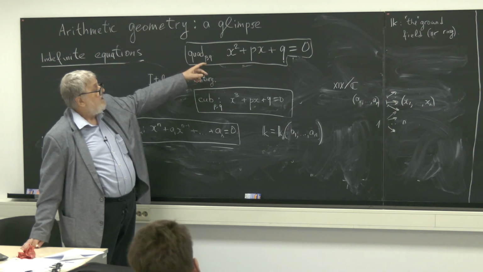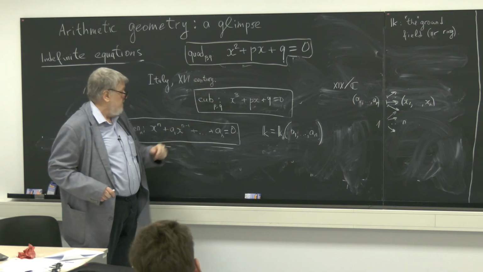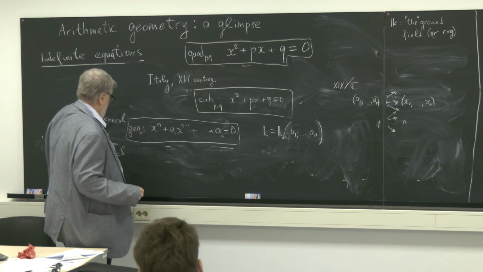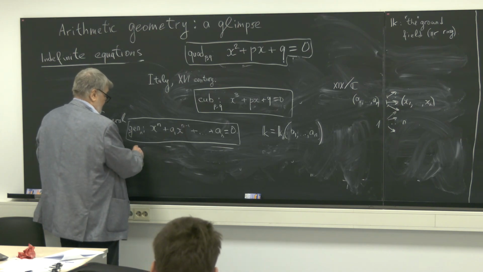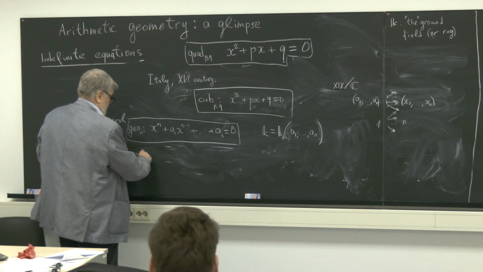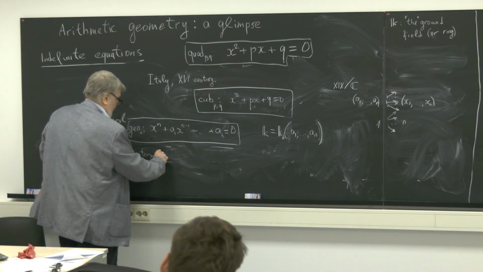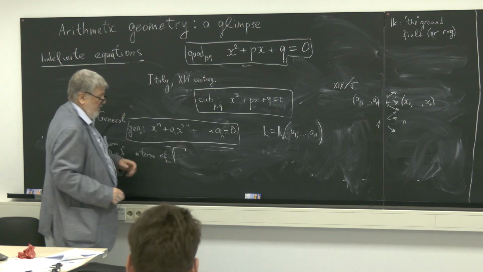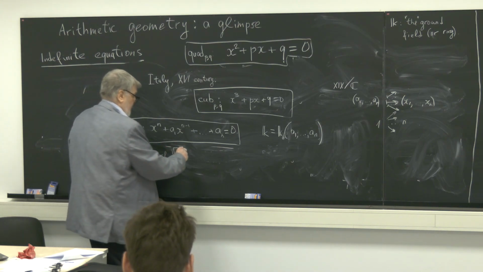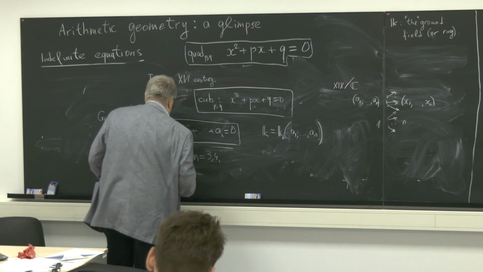by the cases when n was 2 or 3. So Cardano solved them, I mean, in terms of extracting roots for n, 3 and 4.